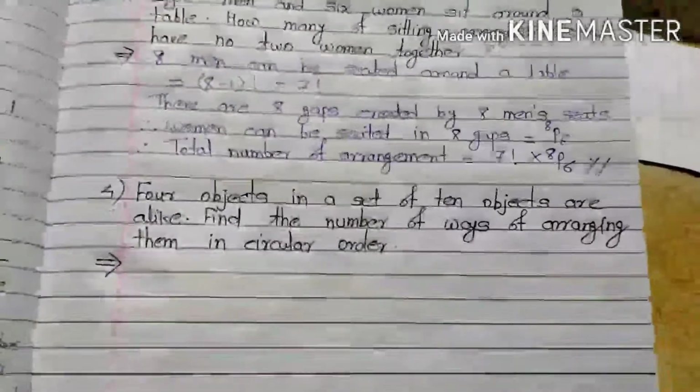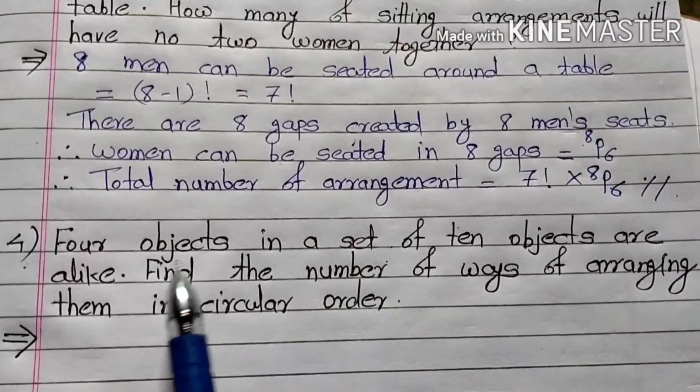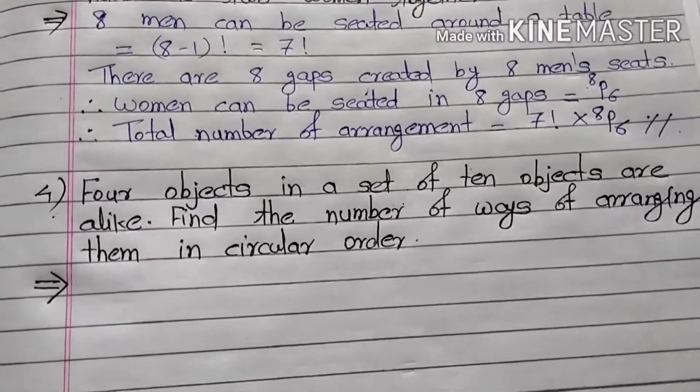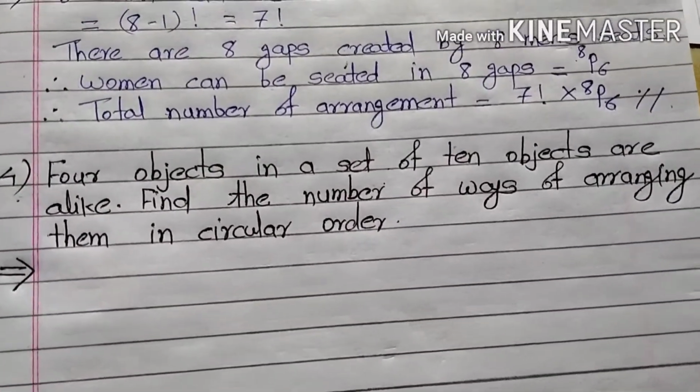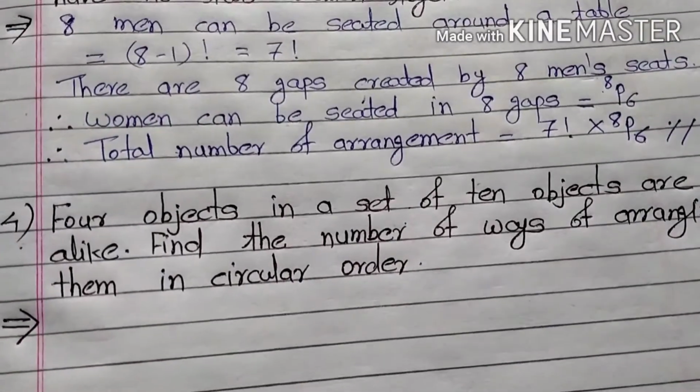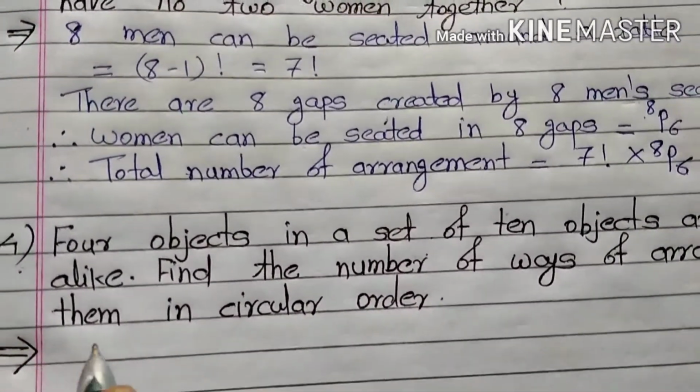So here 10 minus 1 factorial upon 4 factorial. It is very simple and you can give the answer orally also, but in writing there is one method.